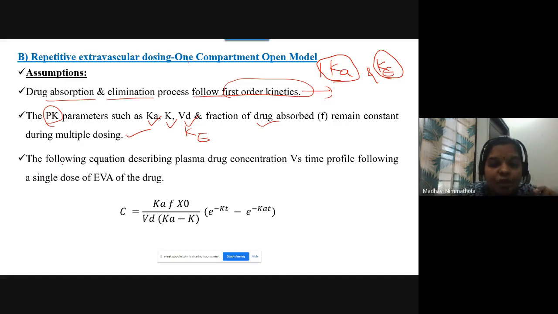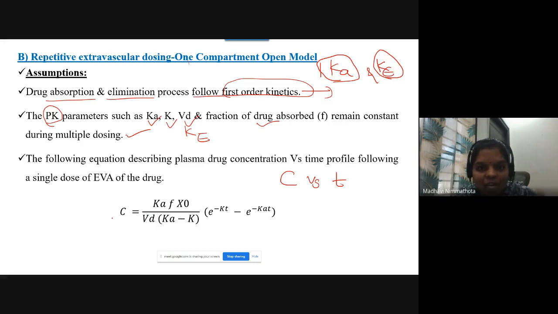So the following equation describes the plasma drug concentration versus time profile when you plot the graph between C versus T following a single dose of an extravascular drug. So this equation is applicable for a single dose, but you are taking your drug in multiple doses.